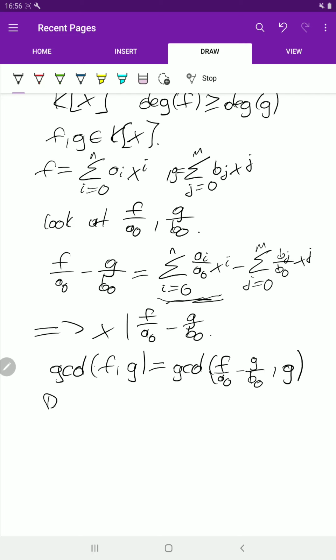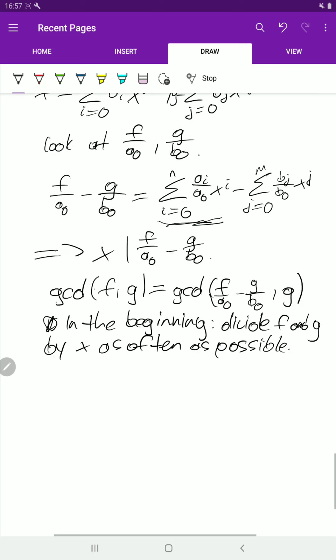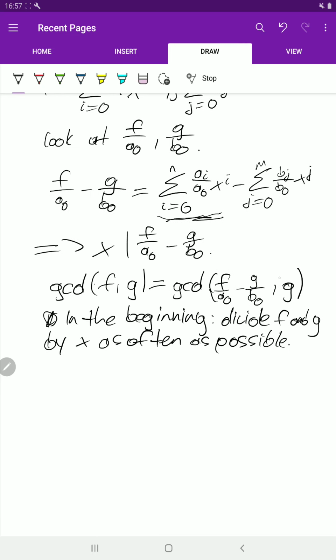In the beginning, divide f and g by x as often as possible, such that both are coprime to x, and then we subtract the polynomials, and then again we divide by x.